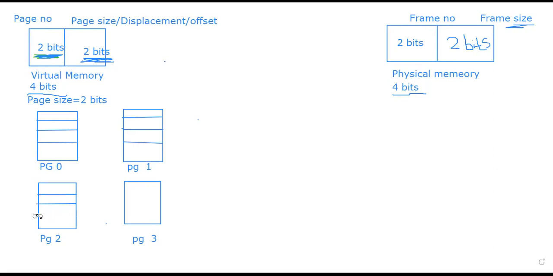Here also the same, 4 addresses will be created. Wait for my explanation, it will be more crystal clear once I am done with this. First of all I will explain it.